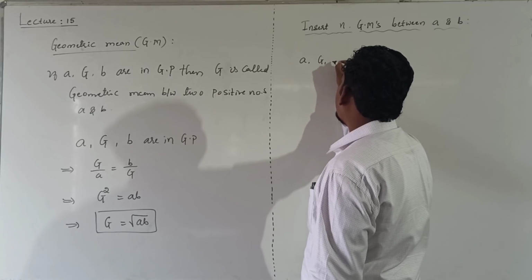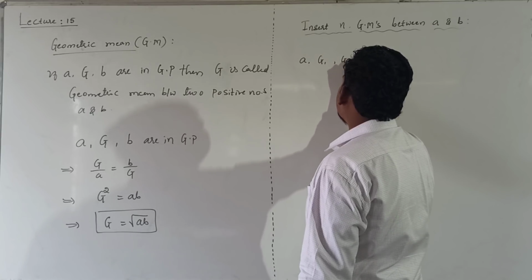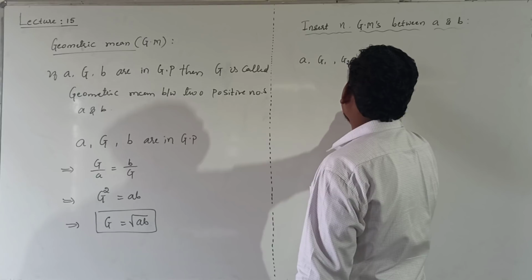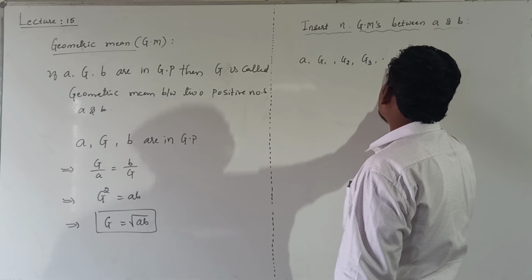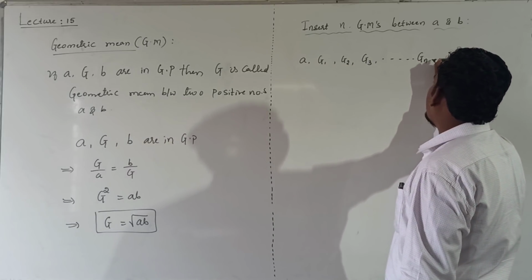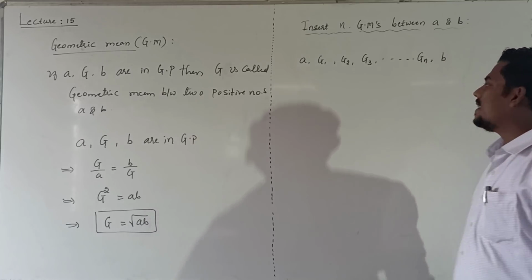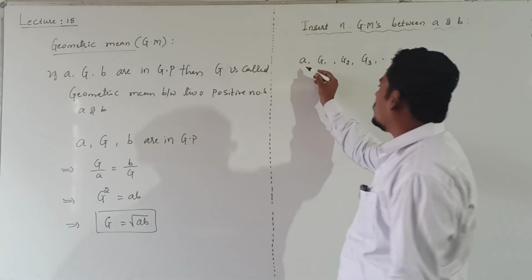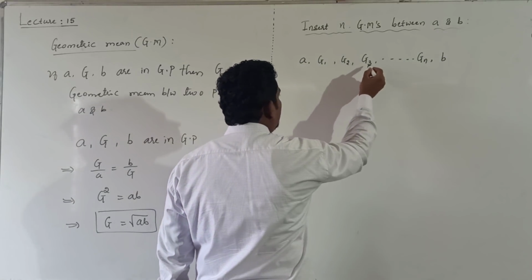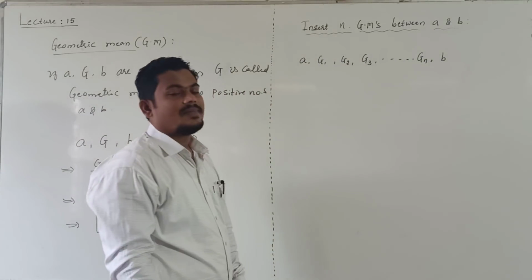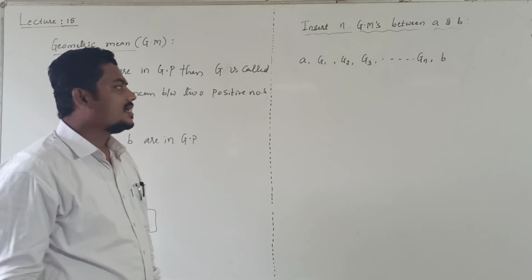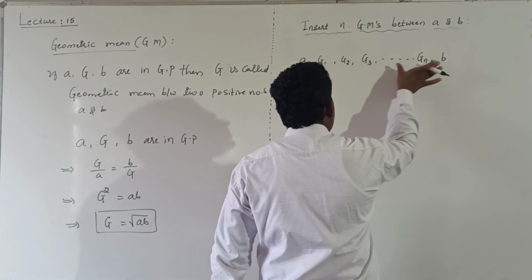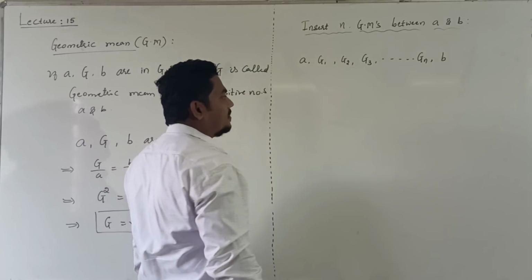I will take G1, G2, G3 and so on, Gn be n geometric means. A, G1, G2, G3 and so on, Gn, comma B are in GP. These are n geometric means between small a and small b.